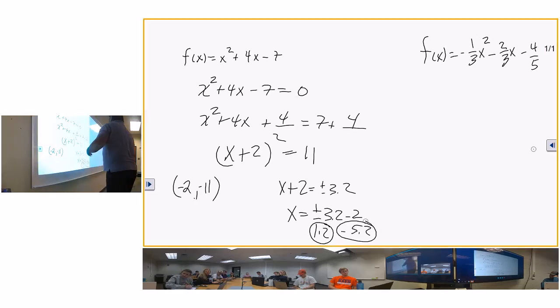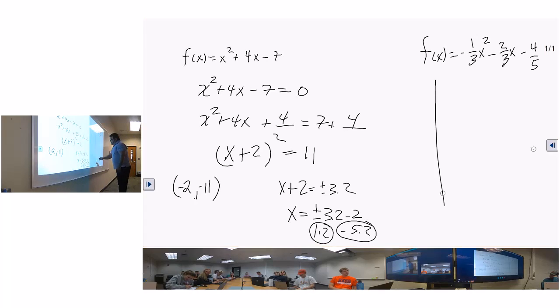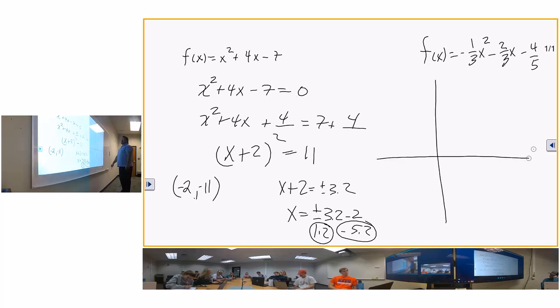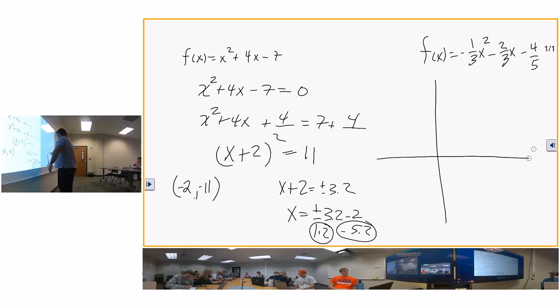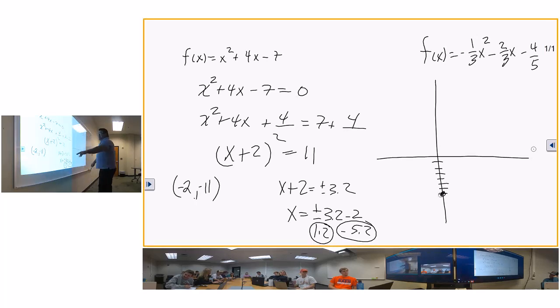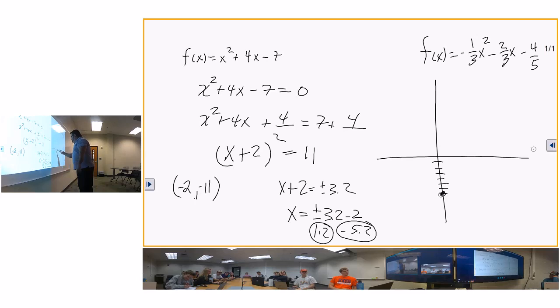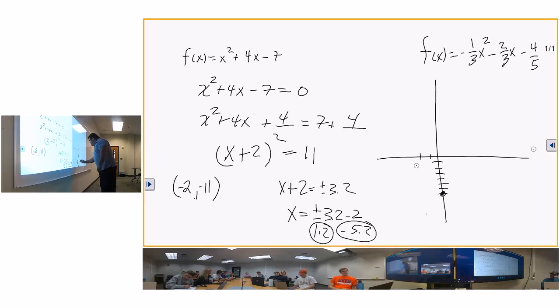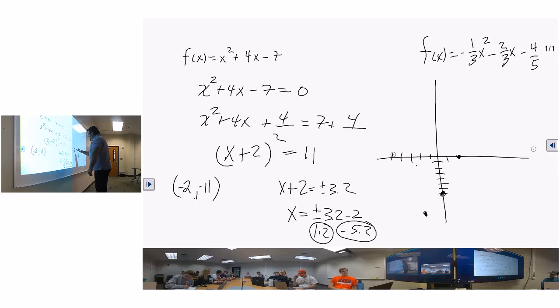Now at that point, you can graph it by sketching. We've got a y-intercept of negative 7 and a vertex of negative 2, negative 11. Negative 11 would be down here. And then x-intercepts of 1.2 and negative 5.2 right in there. So we've got a parabola going that way.